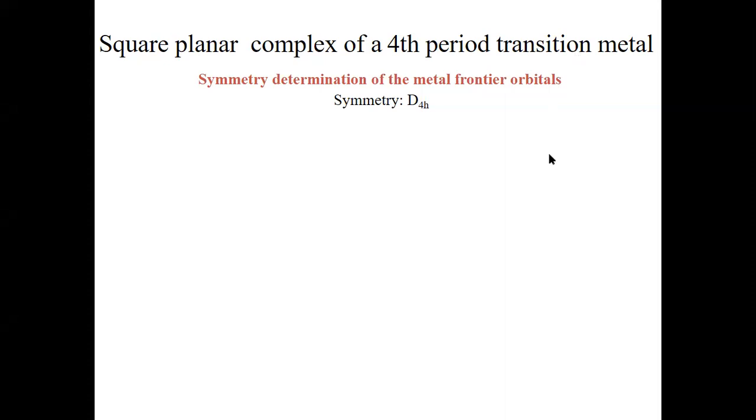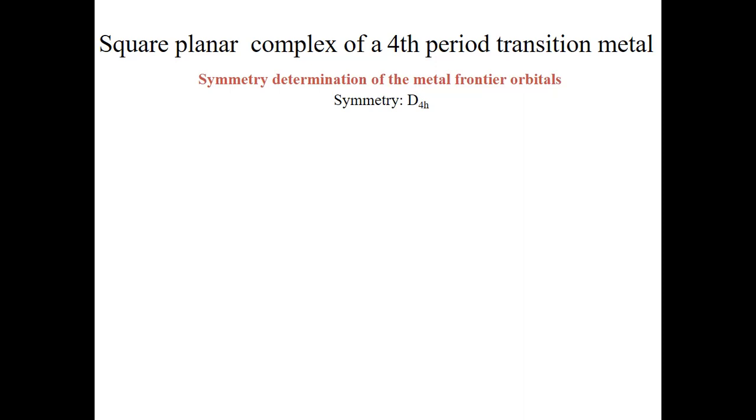Then let us move over to the last example in ligand field theory, which will be this square planar complex of a 4th period transition metal. So we again have to apply the symmetry adapted linear combination method systematically. First we need to be clear about the point group, which is D4h in this case.